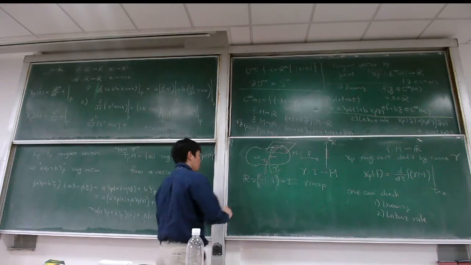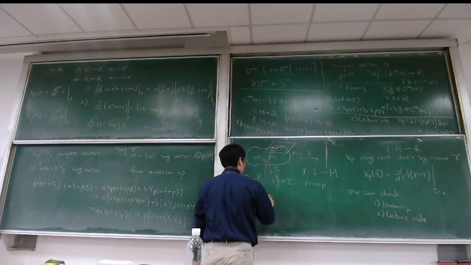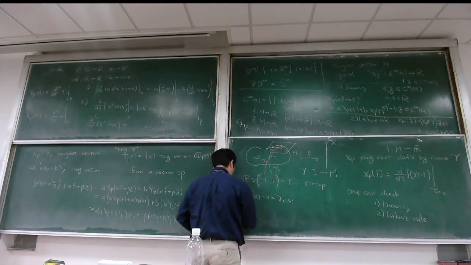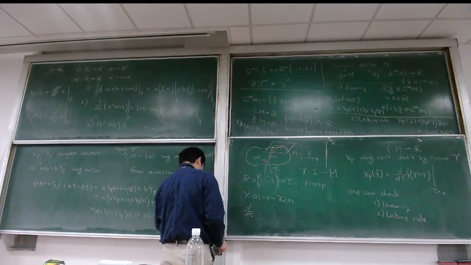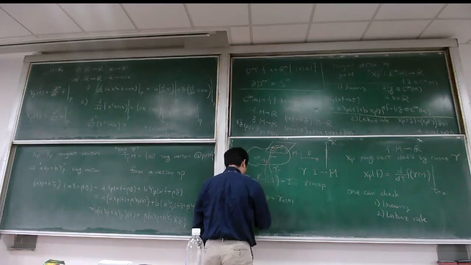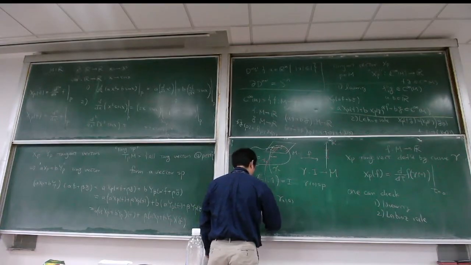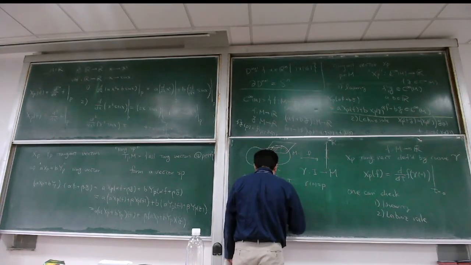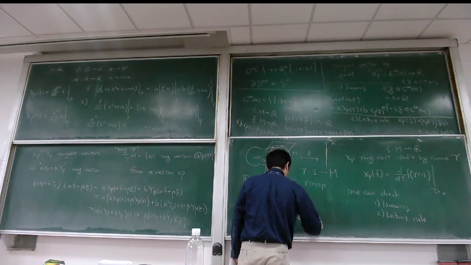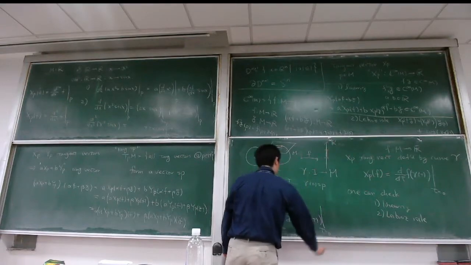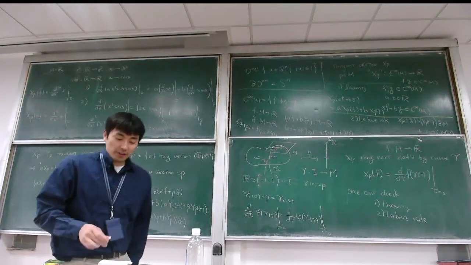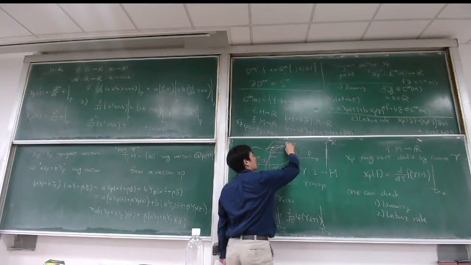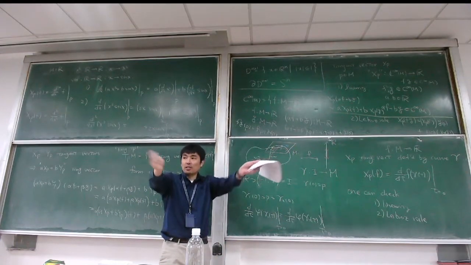So if gamma 1 of 0 is P and gamma 2 of 0 is P, and the derivative agrees, this means that at this point, a tangent vector, literally a tangent vector, is something like this one.